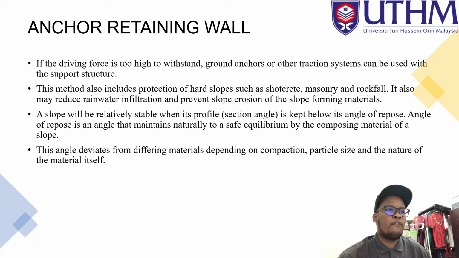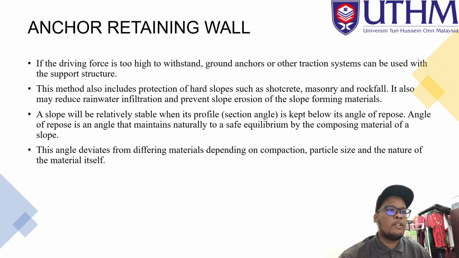If the driving force is too high to withstand, ground anchors or another traction system can be used with the support structure. This method also includes protection of the slope surface such as shotcrete, masonry, and rockfall protection. It may also reduce rainwater infiltration and prevent erosion of the slope-forming material.